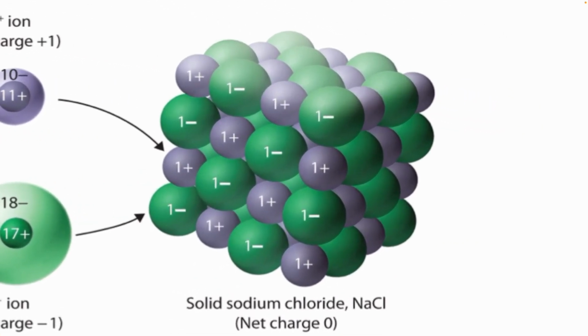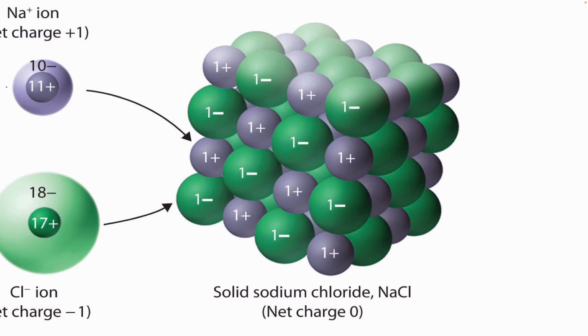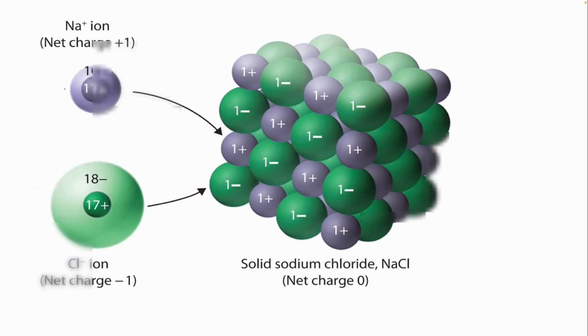If we look at the structure of these ionic compounds, these ionic solids, they are just repeating arrays of positive and negative charge. So for example, in sodium chloride, my sodium ion has a positive charge because it has one more proton than it has electrons. Likewise, my chloride ion has a negative charge because it has an extra electron.